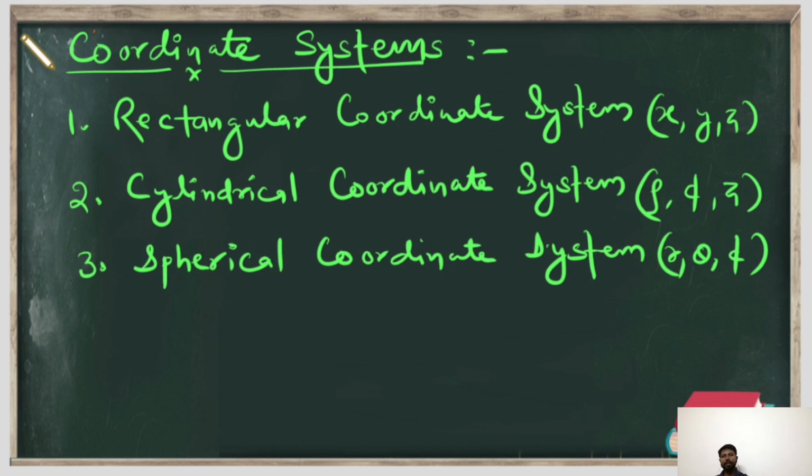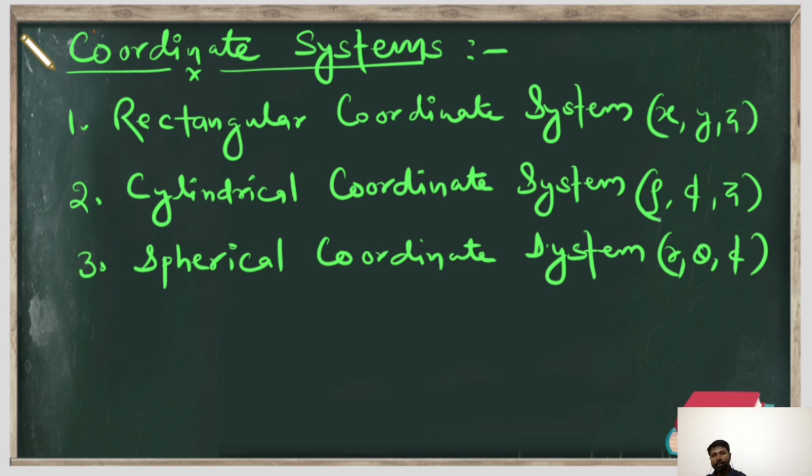The first one is the rectangular coordinate system, the second is the cylindrical coordinate system, and the third is the spherical coordinate system. In the rectangular coordinate system, the variables are x, y, and z. In the cylindrical coordinate system, the variables are rho, phi, and z.